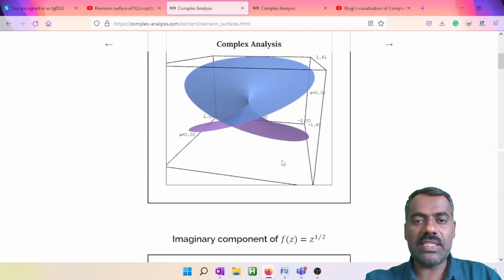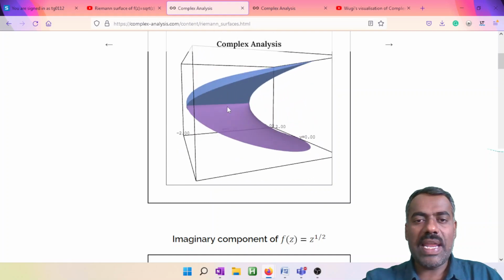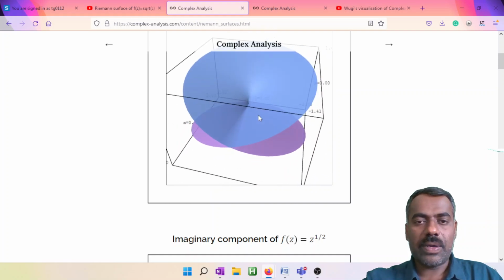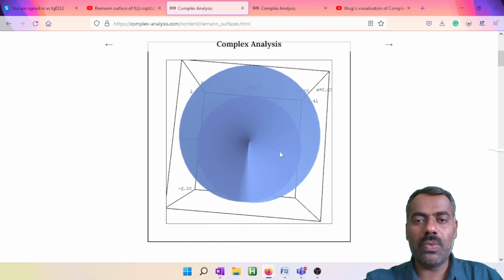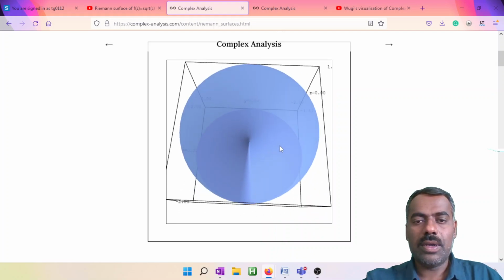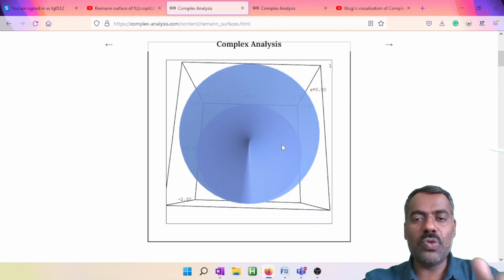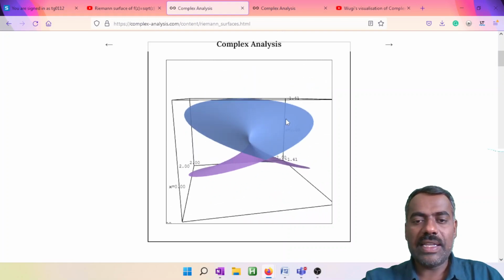If you see this picture, it is just like two layers are there. If you see from the top, how does it look? It looks like only one, right? Yes or no? That means when you go from 0 to 2 pi, it just looks like this. But the moment you reach 2 pi, that value is different.